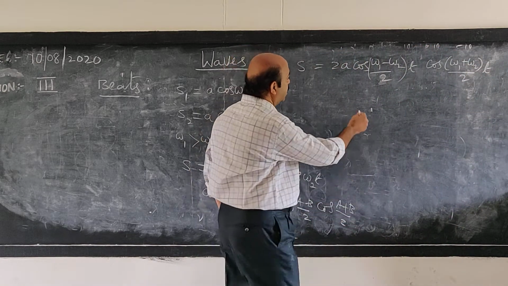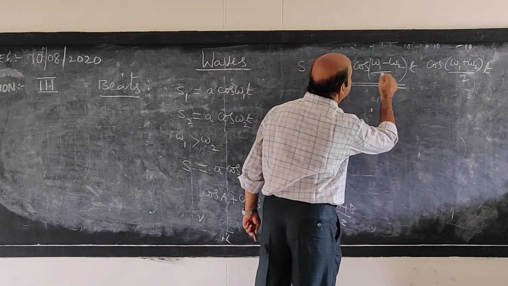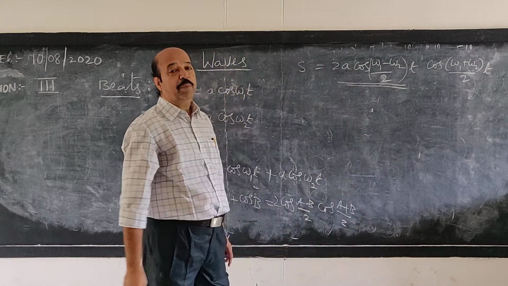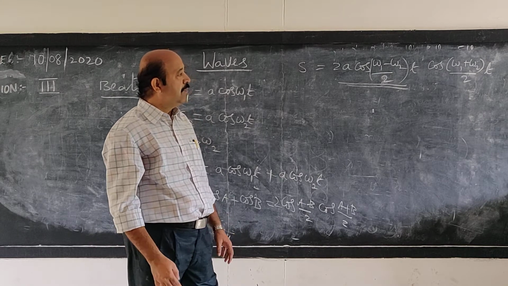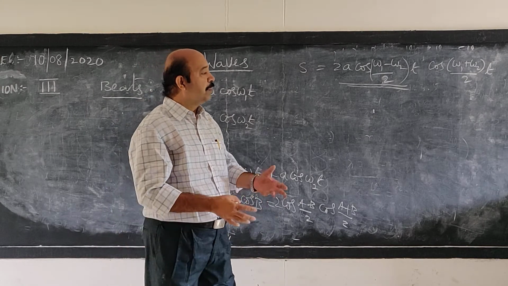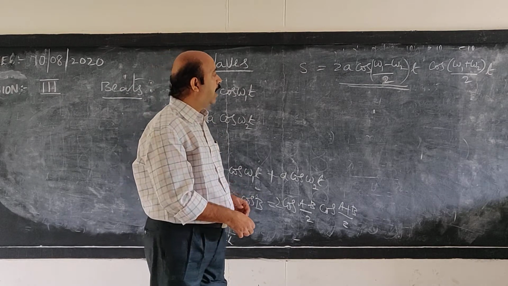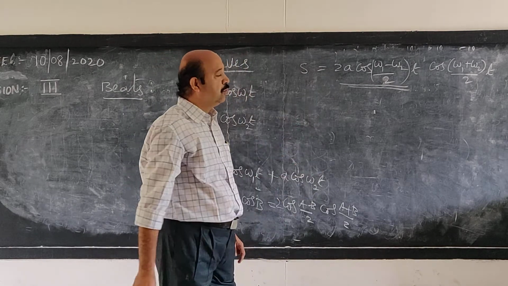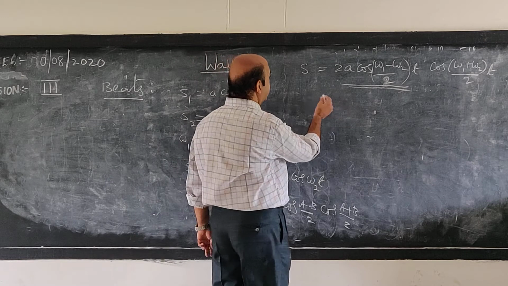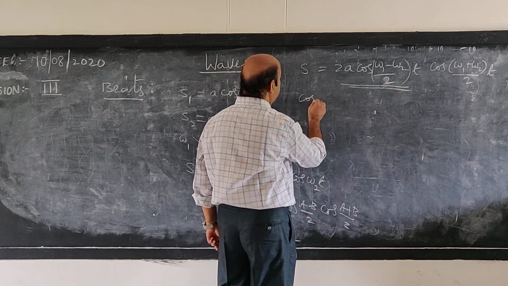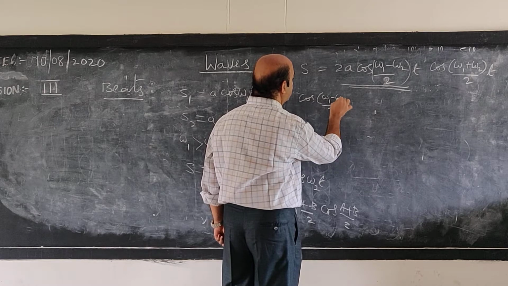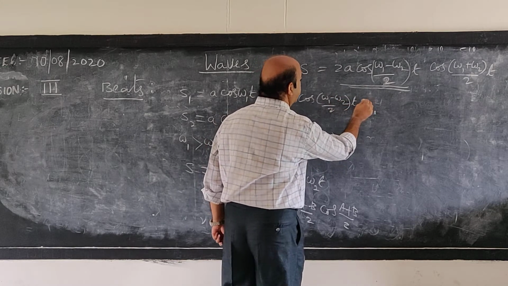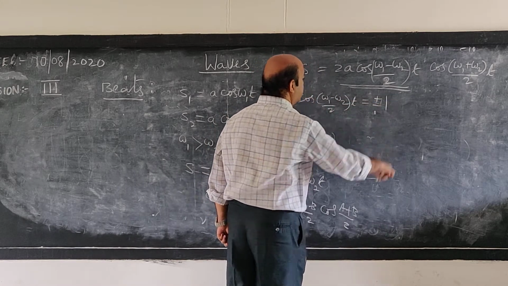In this, the first part is the amplitude of the resultant wave. So the resultant wave also is a periodic wave, and for the amplitude to become maximum, this cos value, (omega 1 minus omega 2) by 2 times t, can take plus or minus 1.